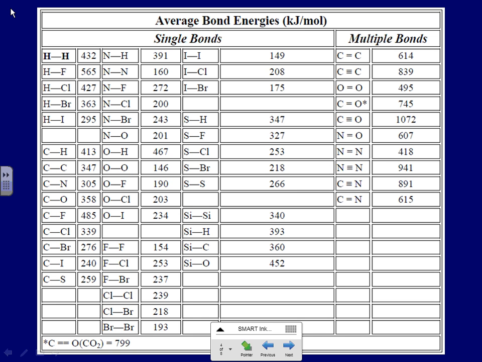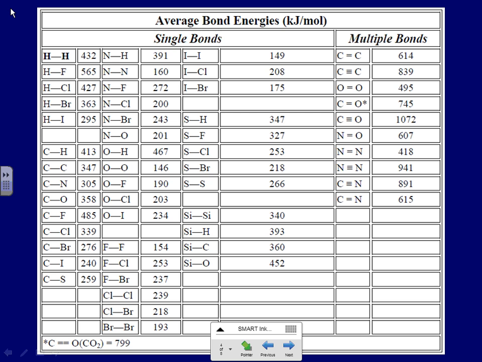Notice here we've got carbon-oxygen bond, 745, but also note in carbon dioxide, that carbon-oxygen double bond is actually even stronger. So there's something special about the carbon dioxide molecule which makes that bond a little bit stronger, okay? So, again, my table isn't distributed very well.